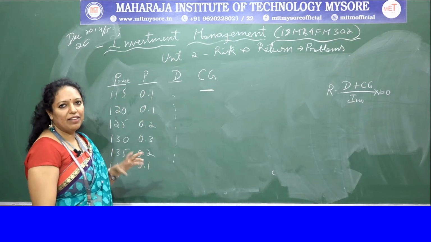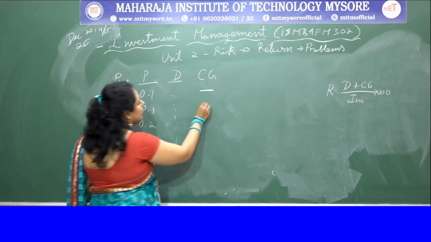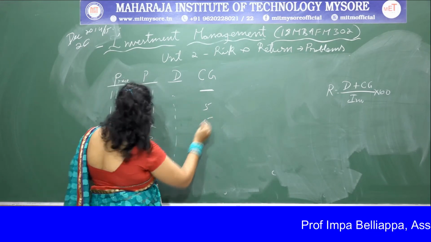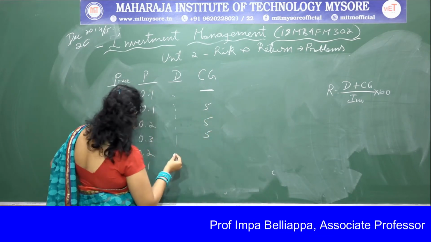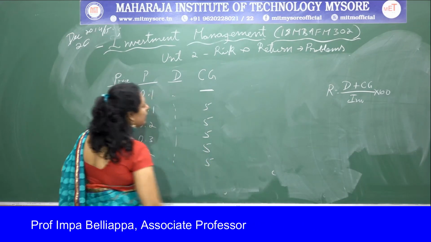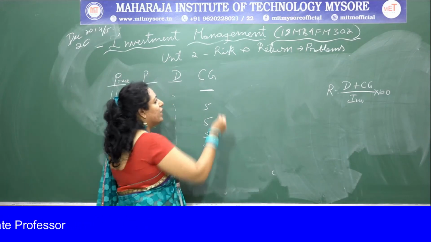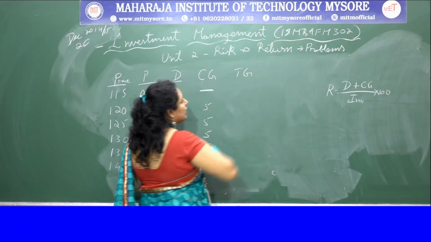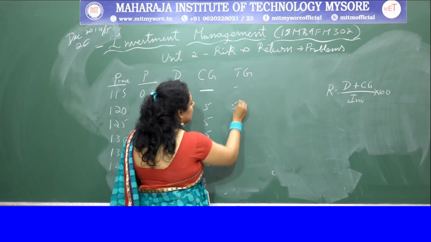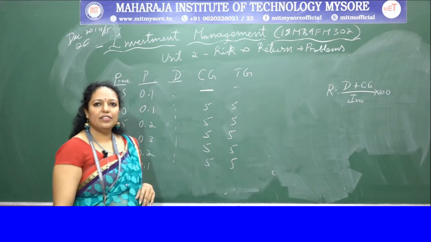You don't get any value for it because there is no prior value. So 120 minus 115 is 5, 125 minus 120 is 5, 130 minus 125 is 5, 135 minus 130 is 5, 140 minus 135 is 5. When you get all these 5s, you have to calculate total gain, which includes dividend plus capital gain, which is nothing but the same answer as your capital gain because you don't have dividend.